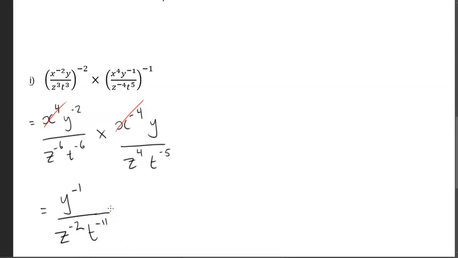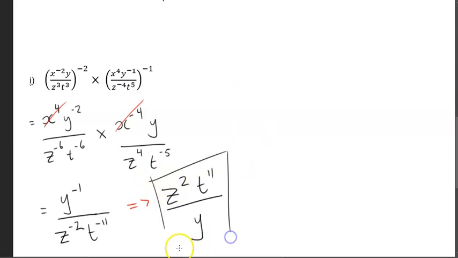But if the solution said it only wanted to show positive indices, anything that is on the top that has a negative goes into the bottom, and anything on the bottom that shows a negative goes into the top. And so this is actually a really simple concept. All we're doing is just flipping everything around and taking away those negative powers. So this can also suffice if it asks for positive indices, but this is also fine for this specific type of question.